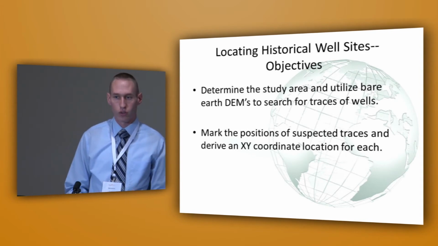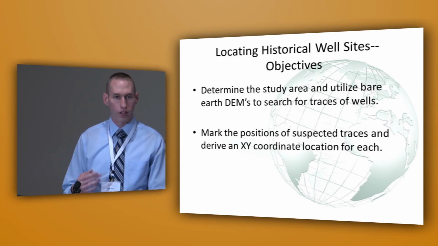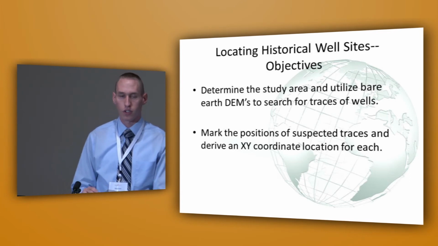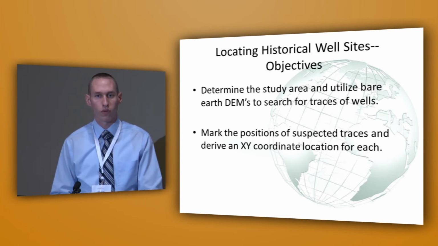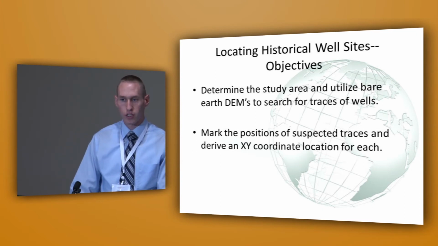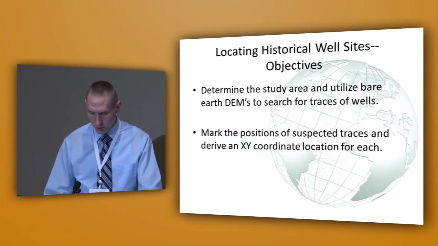I could create a hillshade and look for depressions in the actual landscape of the DEM, and then compare that to satellite imagery and see if there might be some traces of wells from the 1950s. And if I did find a trace, I'd mark it with an XY location so that they could go back later on, and if they wanted to explore this location, they would know where to look.